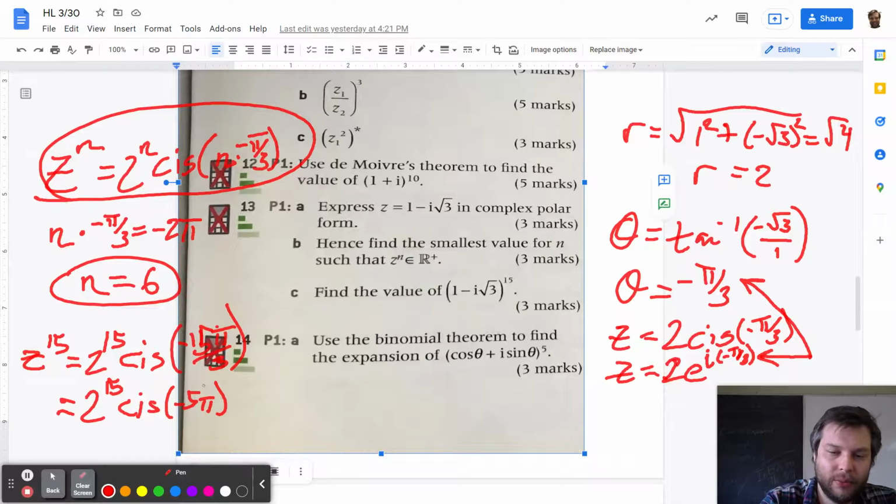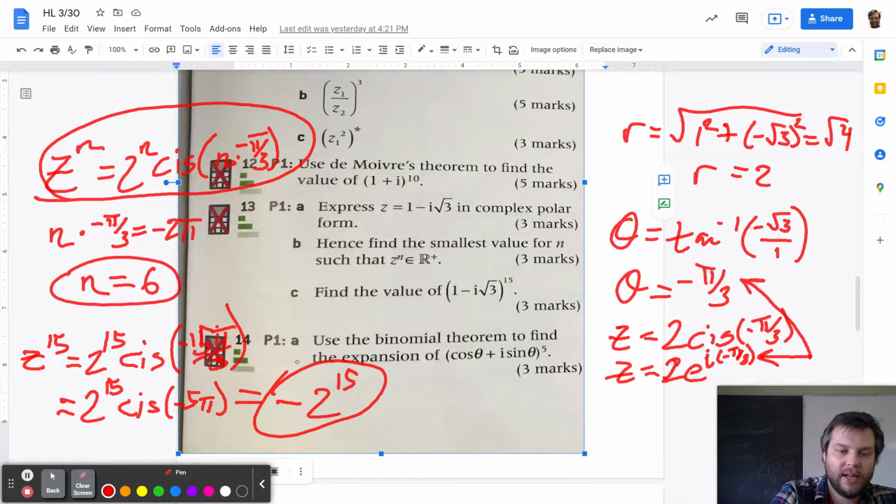So that has a real value of negative 1 and an imaginary value of 0. So z to the 15th is equal to negative 2 to the 15th. I don't care what that is written out in its decimal expansion. Negative 2 raised to the 15th power is the exact value. So there you go. That's it for question 13.